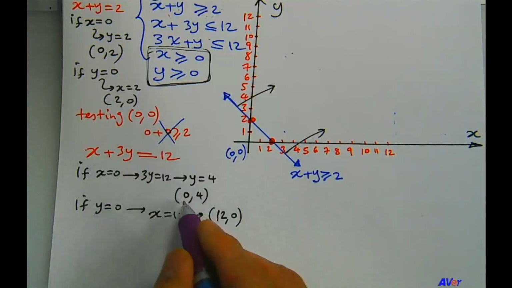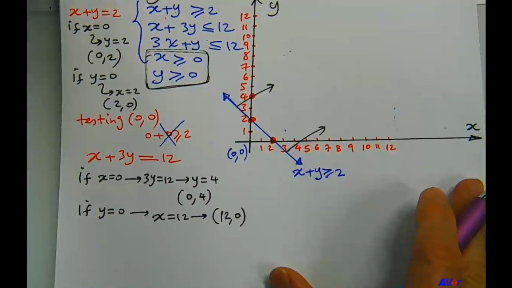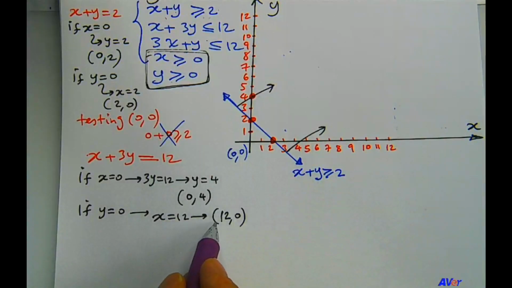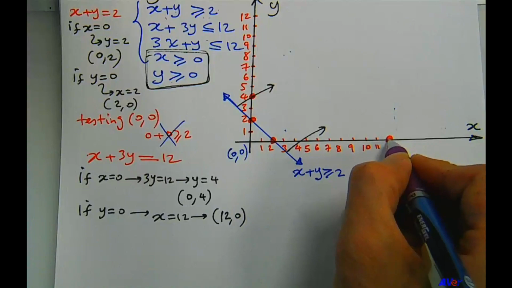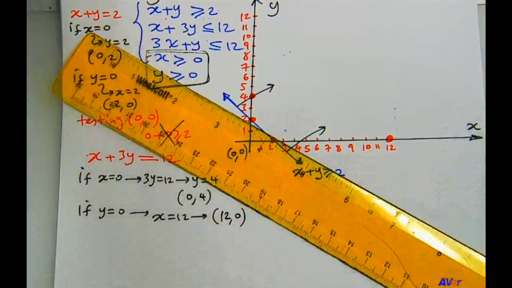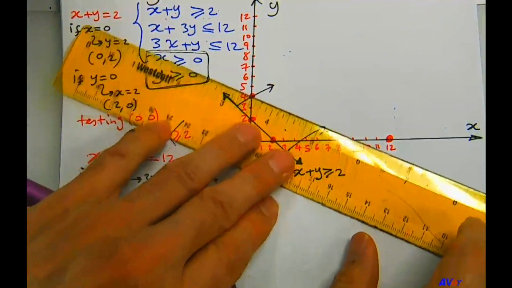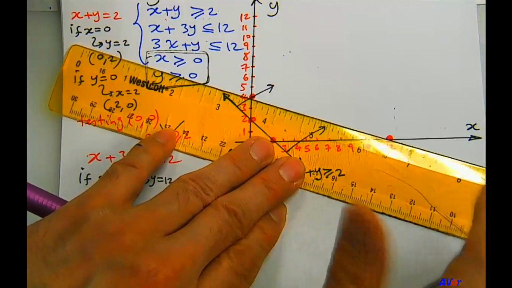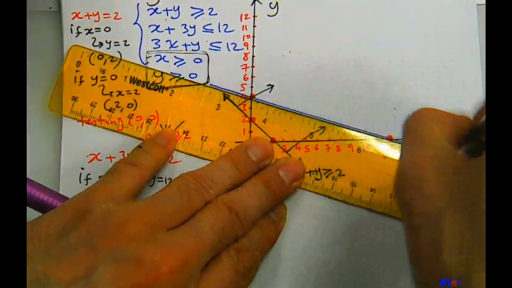(0, 4) would be that point here, and (12, 0) would be that point. And let's connect those 2 points with a solid line, like that.